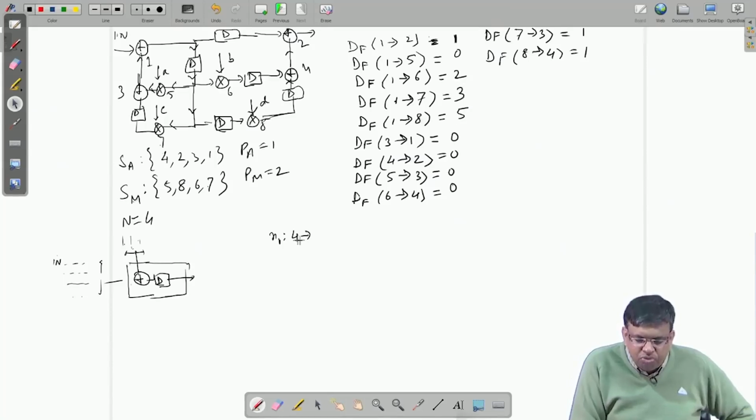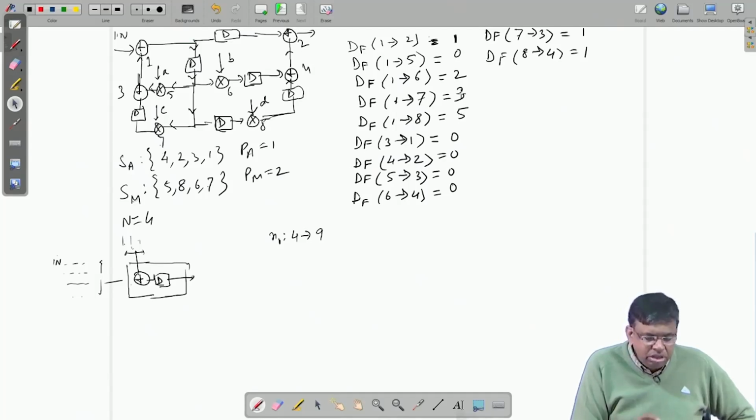So, if it is born in 4, it should go up to 9, 4 to 9. Okay. So, that 1 to 2 done, it requires only 1 cycle of storage, 1 to 5 done, no cycle of storage required, 1 to 6, 2 cycles of storage required, 1 to 7, 3 required, 1 to 8, 5. So, because the variable N1 is common for all of them, I take the maximum, that is 5.